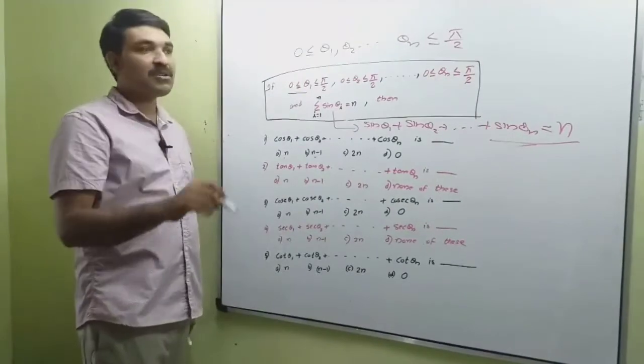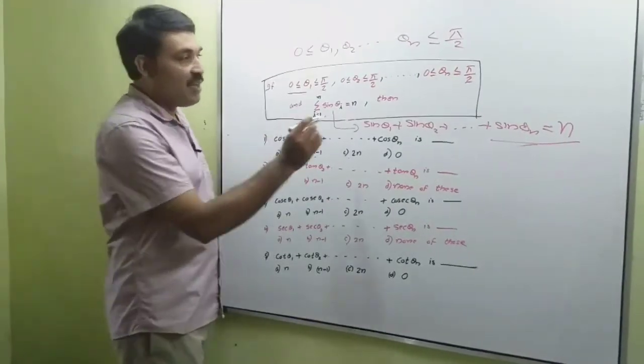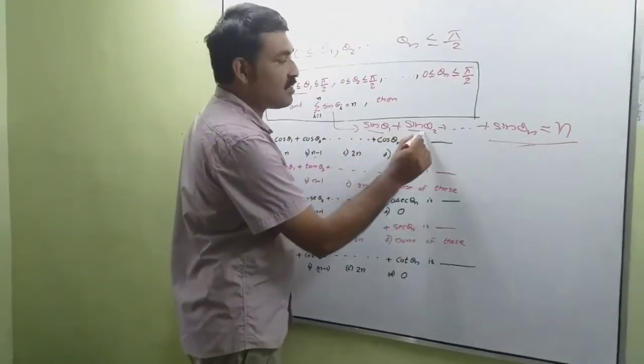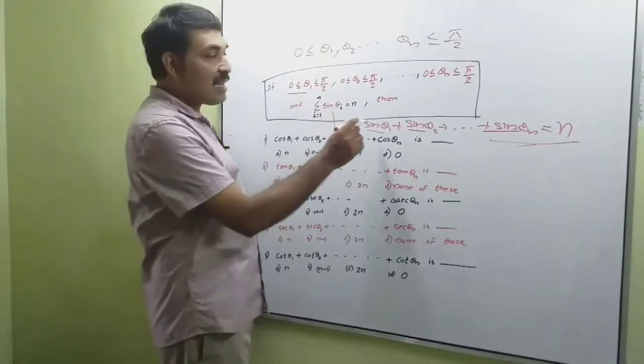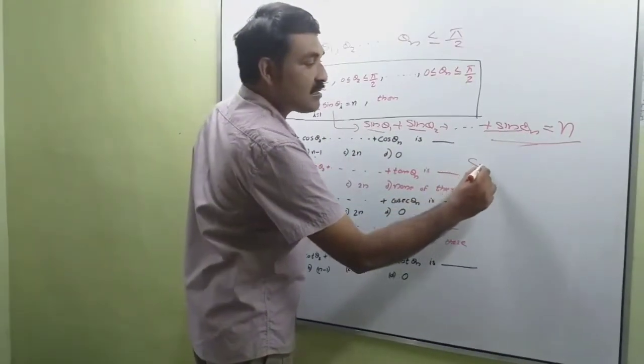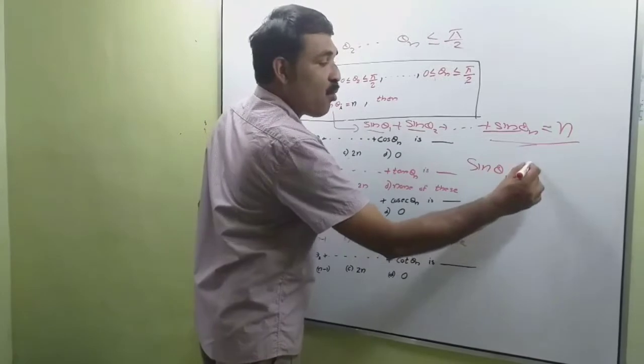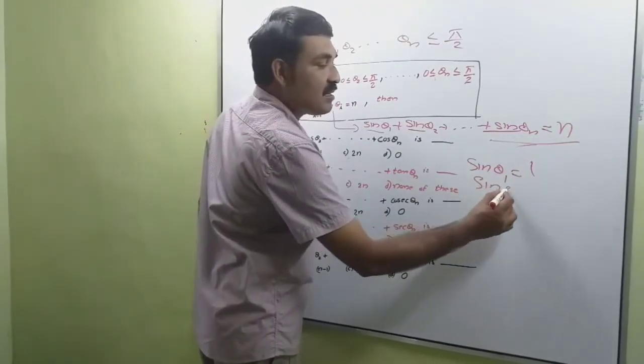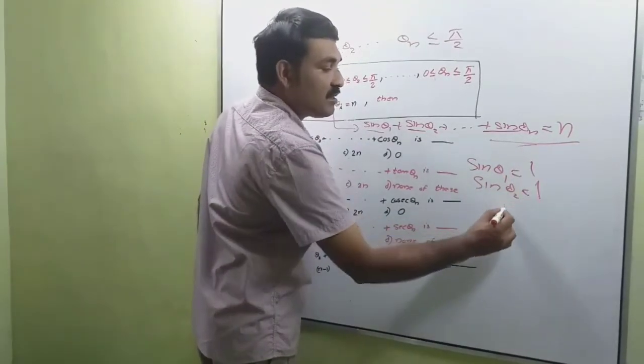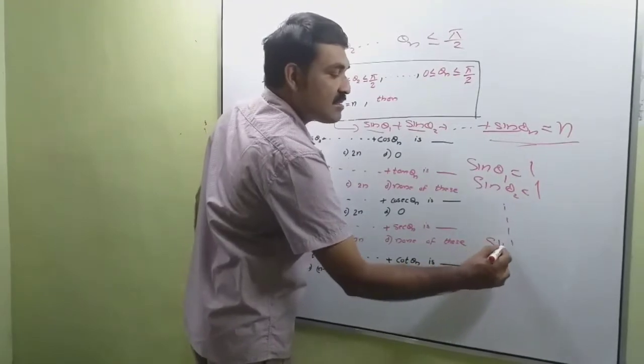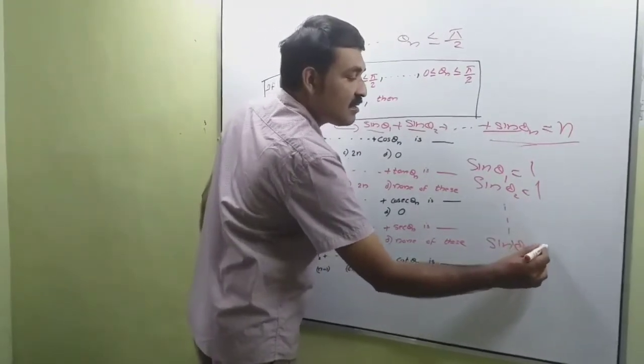Now coming to the given condition, we have sin theta 1, sin theta 2 up to sin theta n. Since each sine is at most 1, that implies sin theta 1 is equal to 1, sin theta 2 is equal to 1, and this goes on until sin theta n is equal to 1.